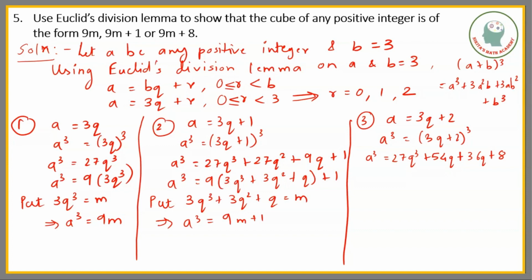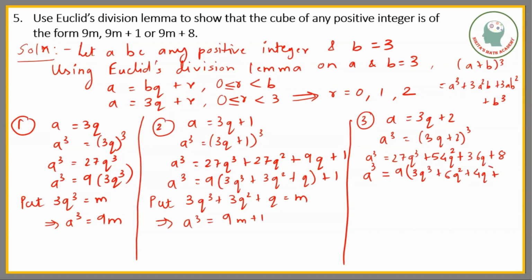Students, please check whether it is correct or not. Okay. Now, what will we do in the next step? We'll again take 9 as common. So this will be 9 into 3q cube plus 6q square plus 4q, now this will be 54q square, right?